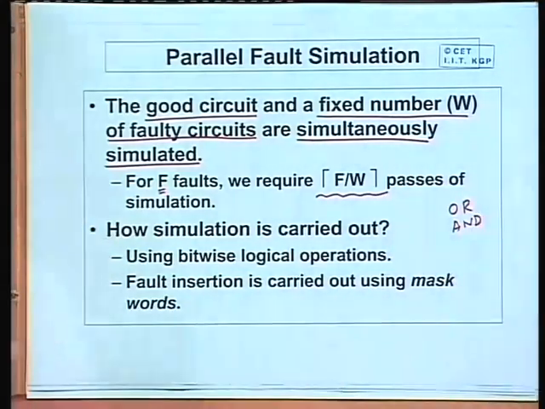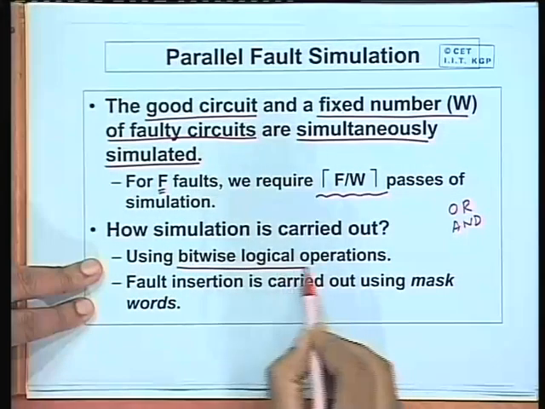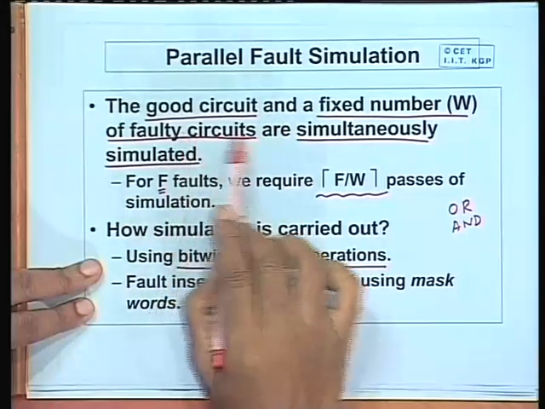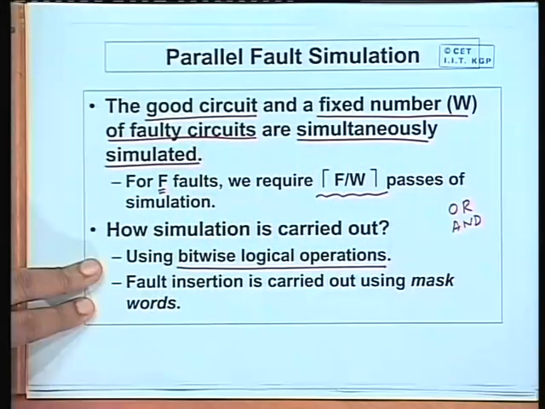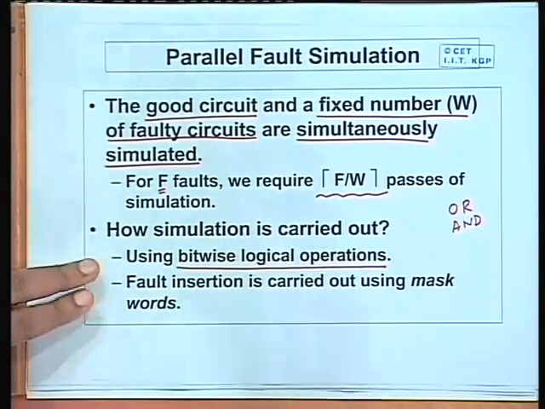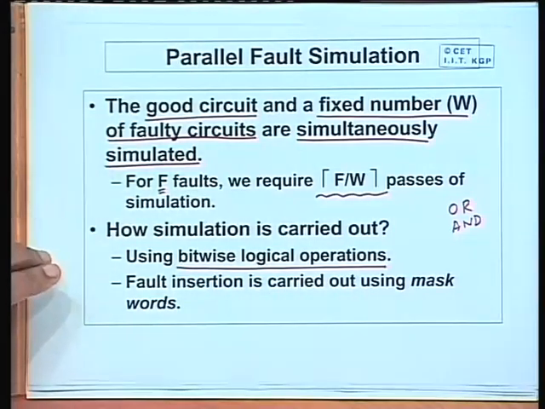They do a bit by bit OR or bit by bit ANDing of the corresponding bits in a word. So, if it is a 32-bit word, I can have a 32-bit OR with another 32-bit number, bit by bit OR. So, I can utilize this bitwise logical operator to do this kind of parallel activity. So, we will show you how.